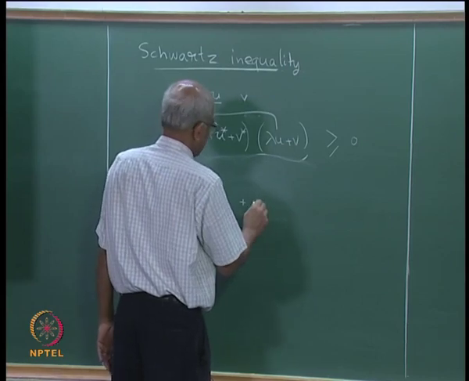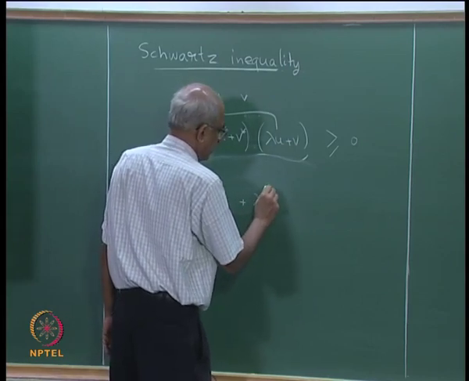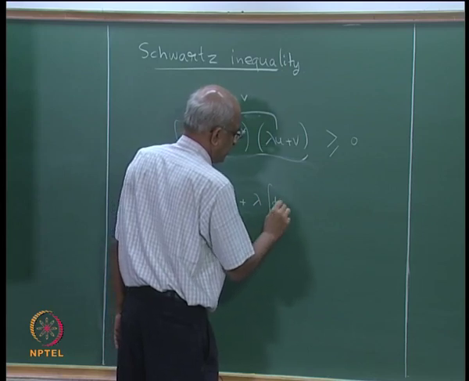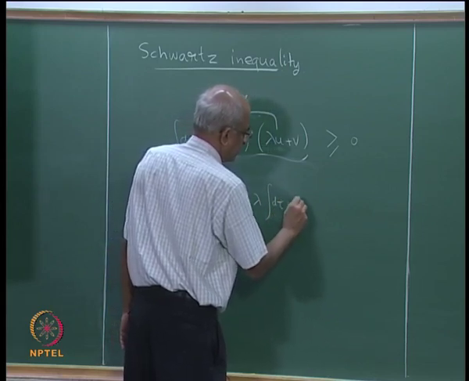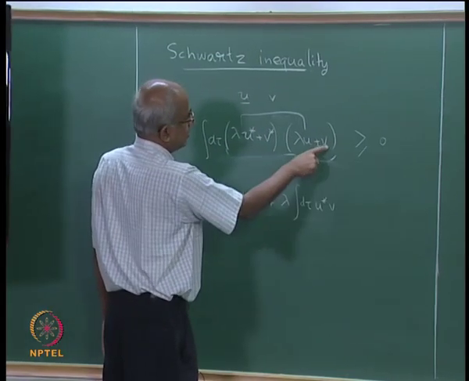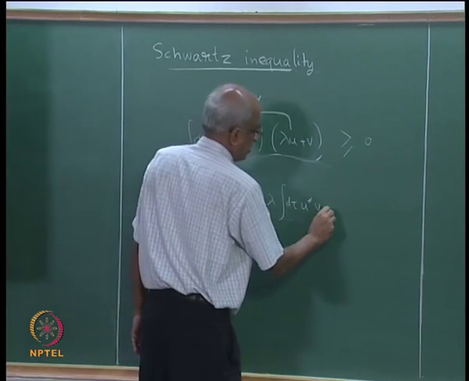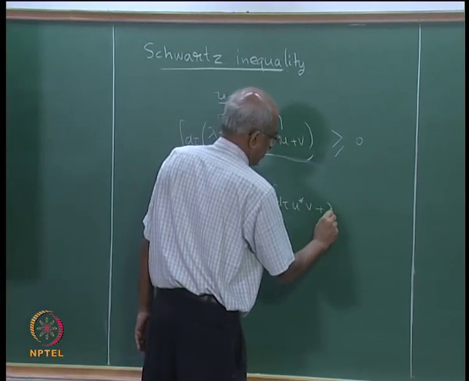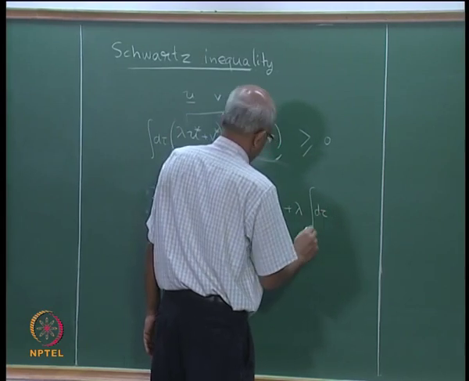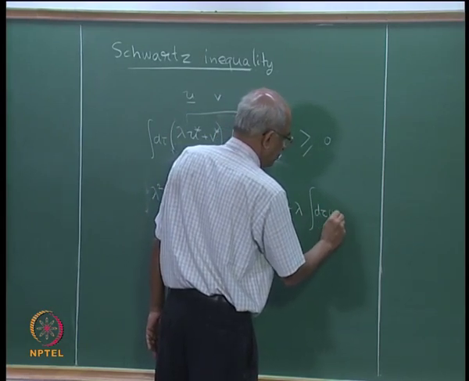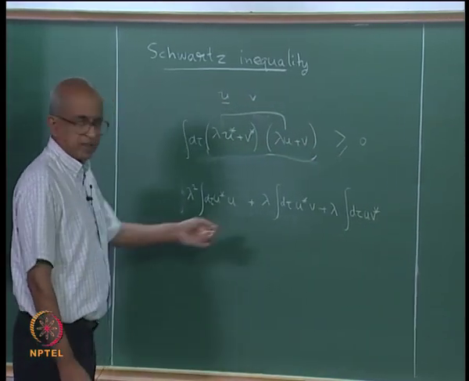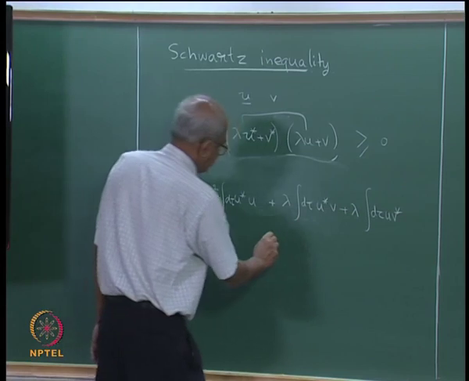And I will have 3 more terms. One of the next terms will be lambda times integral d tau u star v, right, that will come when you multiply this with that, and then you will have another term which is roughly of the same form, lambda times integral u v star, correct, and the last term will be how much?